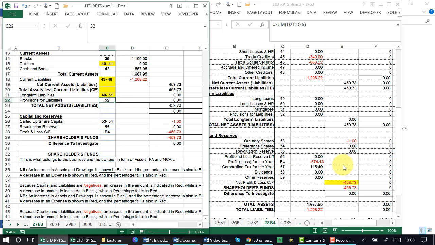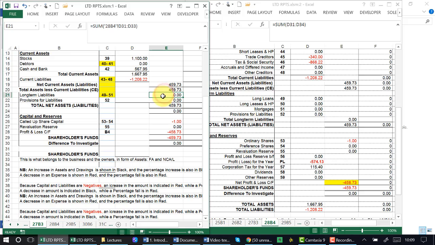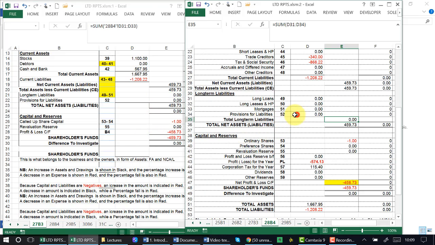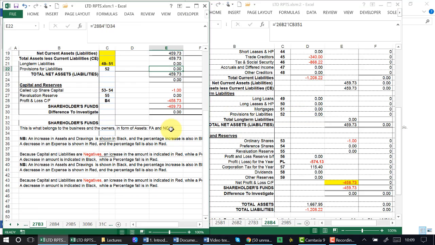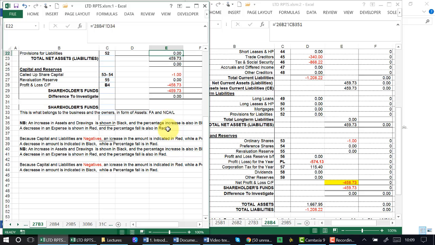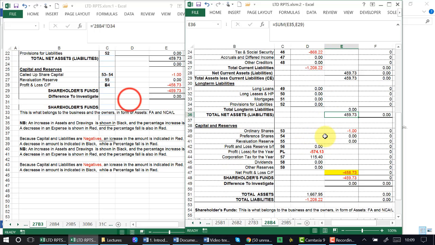Then long-term liabilities is 49 to 51. These ones here, that zero there is what we have in there. And then provisions for liabilities appears independently below because the taxman wants to see it. All right. Then of course we've got total assets less liabilities there.